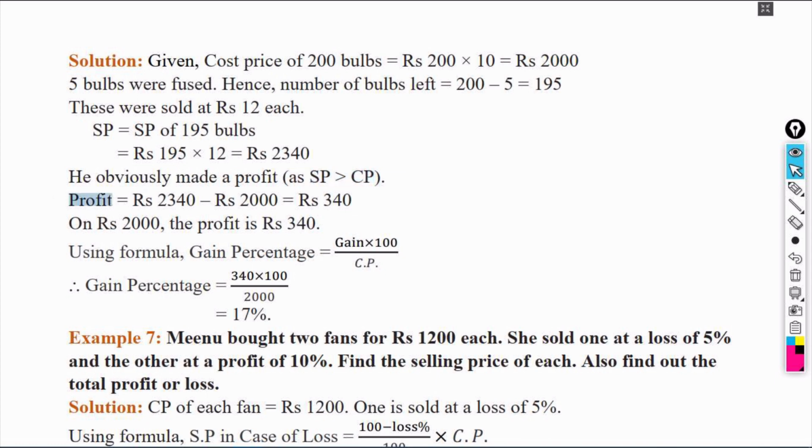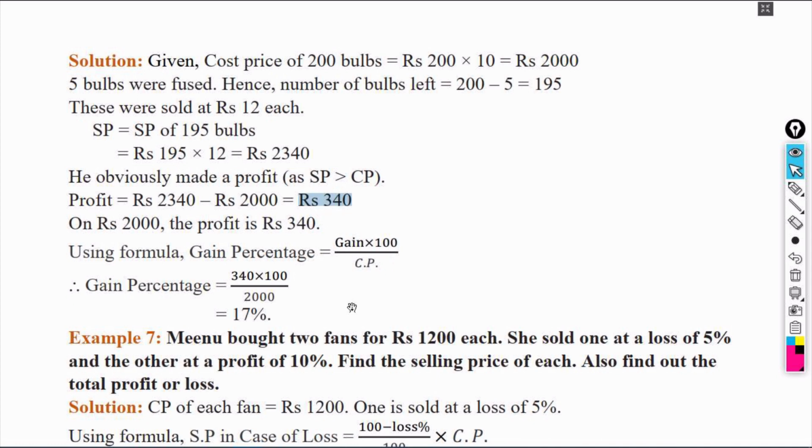For profit, you know the formula, SP minus CP. SP is rupees 2340 and CP is rupees 2000. The difference of both will be rupees 340. Now calculate percentage gain, that is gain into 100 by CP.